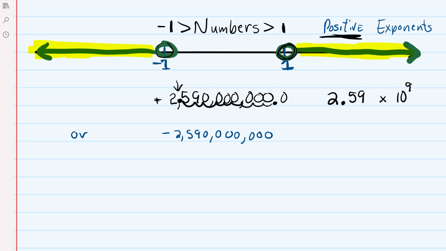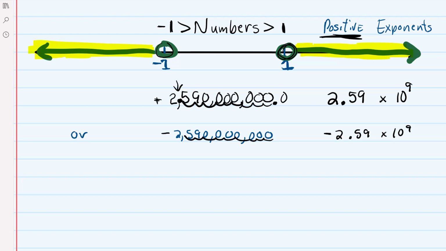And 9 will be the exponent. For this number that's negative, notice that doesn't make the exponent negative. The number is still negative, and you still move the decimal the 9 places: 1, 2, 3, 4, 5, 6, 7, 8, 9.